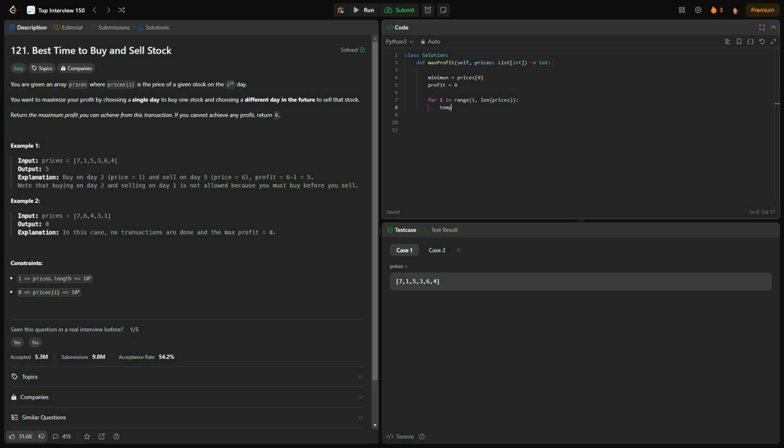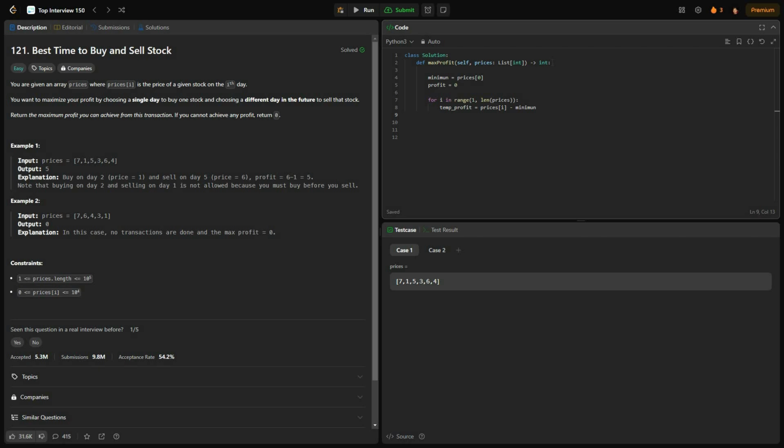The temp profit is going to be the current prices[i] minus the minimum, which is basically, let's say, prices at index 1, so 1 minus 7.